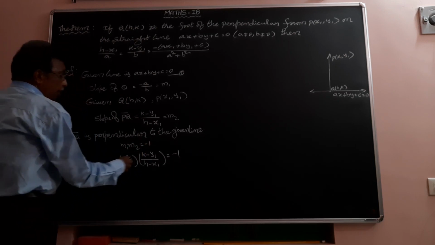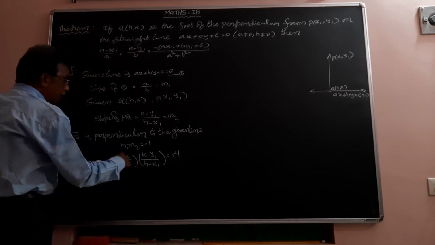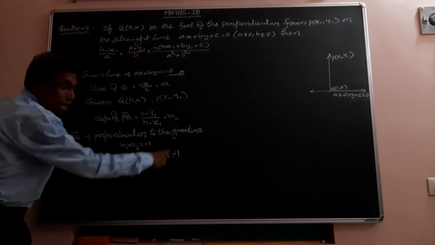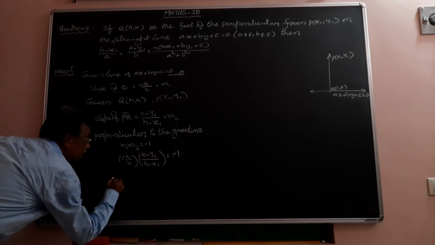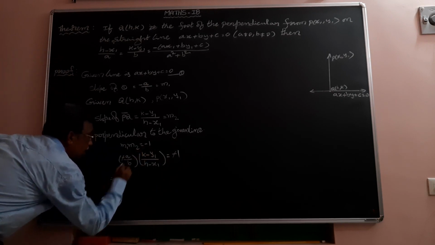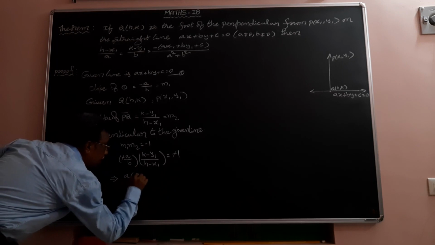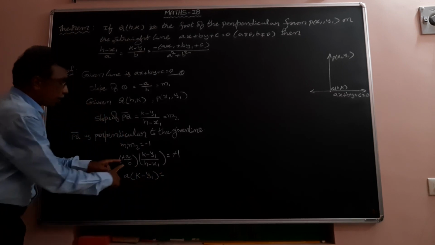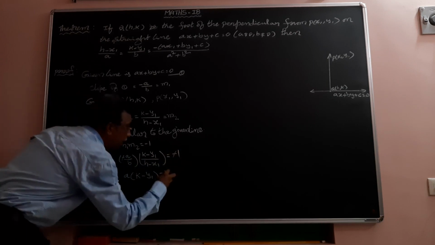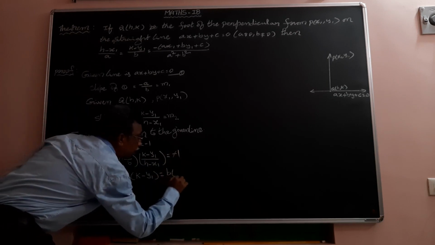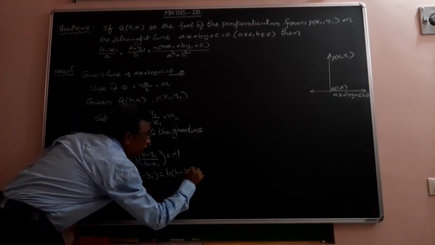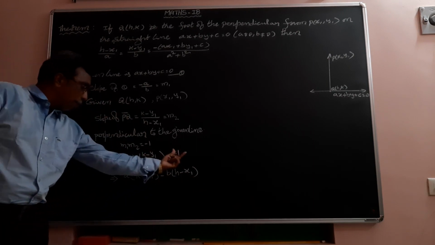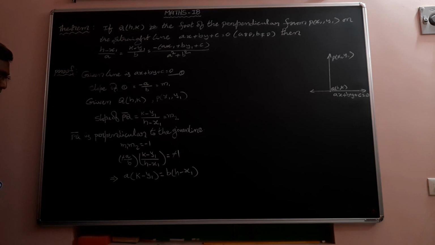So on both sides minus is cancelled. Multiply this one by using cross multiplication. That implies a into k minus y1 equal to b into h minus x1.